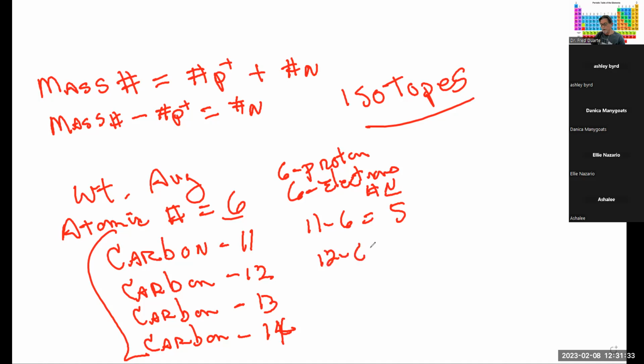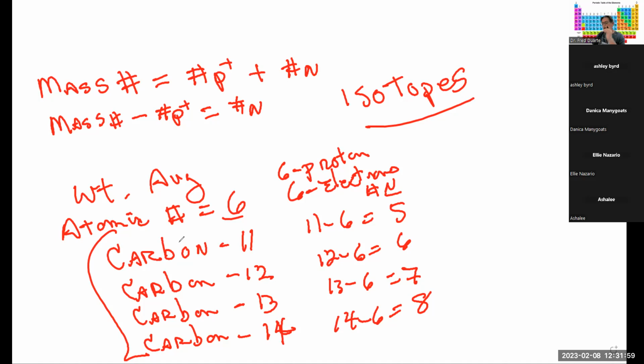12 minus 6 equals 6. Carbon 12 has 6 neutrons. Carbon 13 has 7 neutrons. And carbon 14, and I'm sure you've heard of carbon 12, carbon 13, carbon 14 dating. Okay, these are isotopes of carbon, okay? And note here, all of them have 6 protons.